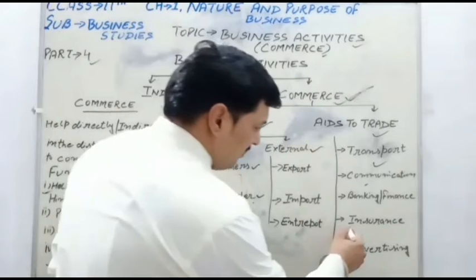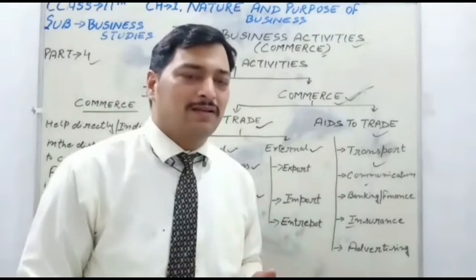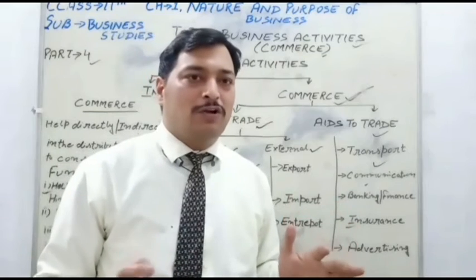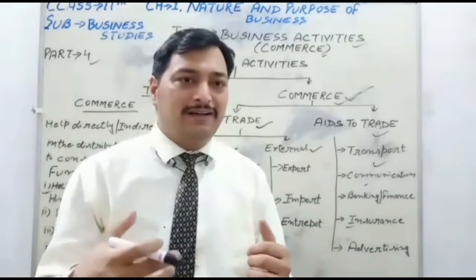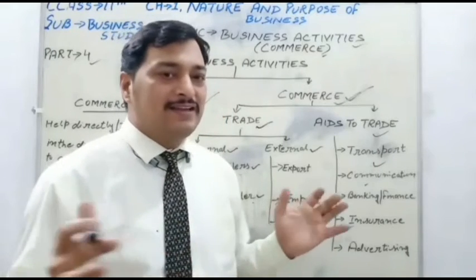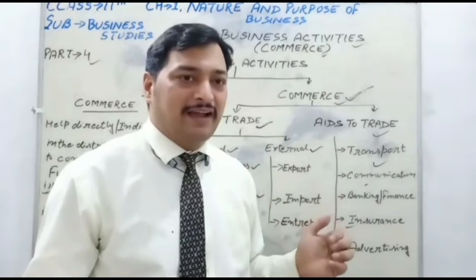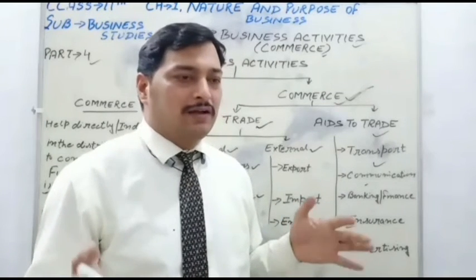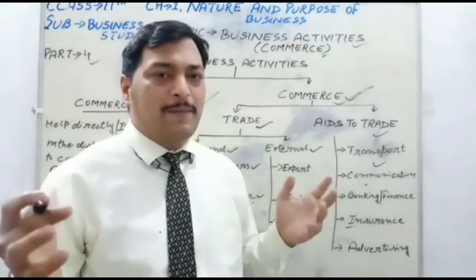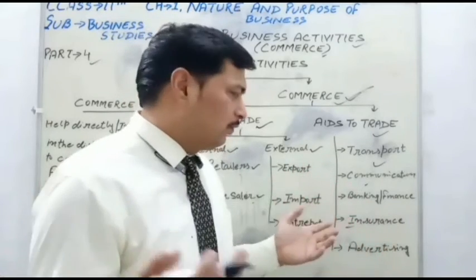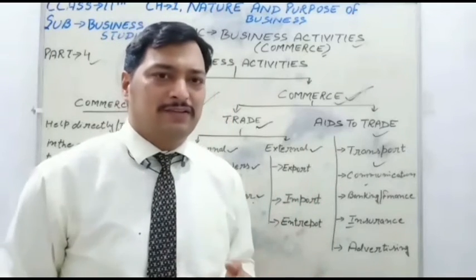Next point is insurance. Students, a businessman always bears a lot of risk. Risks occur because business is always uncertain and they cannot be pre-decided, for example loss by theft, loss by fire, and damage to assets. Different cases of risk occur in the time of business.